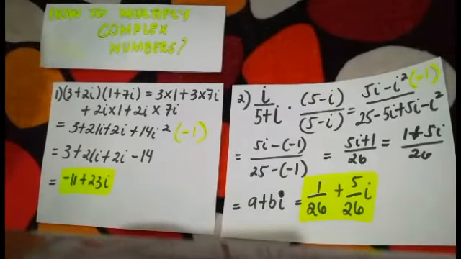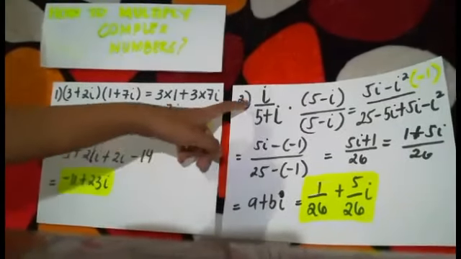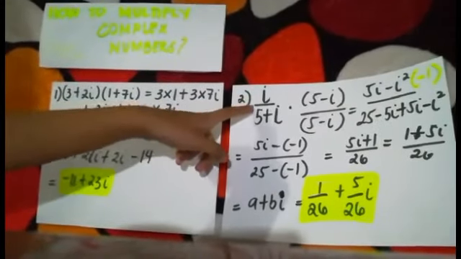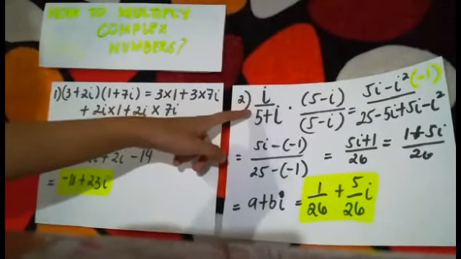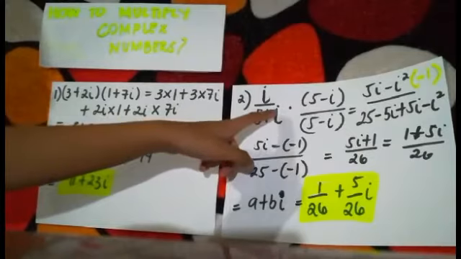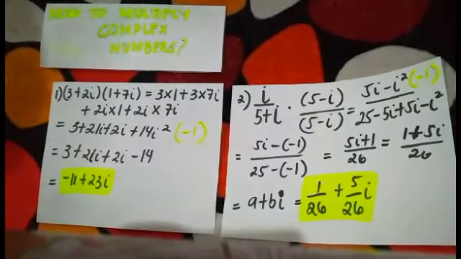The next example is this: i over 5 plus i. We multiply this by the denominator, but the sign is opposite.